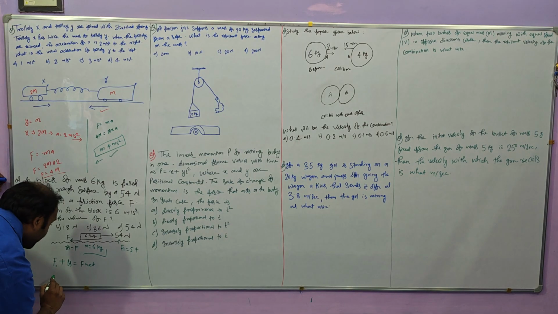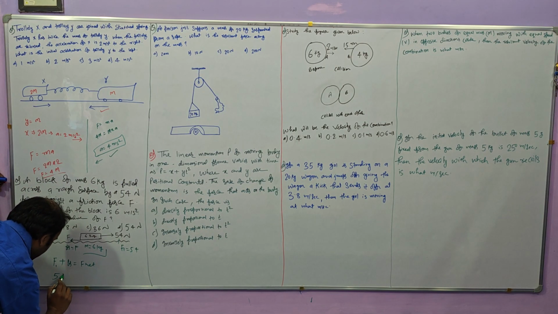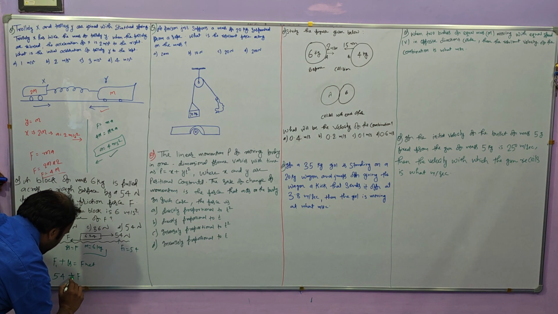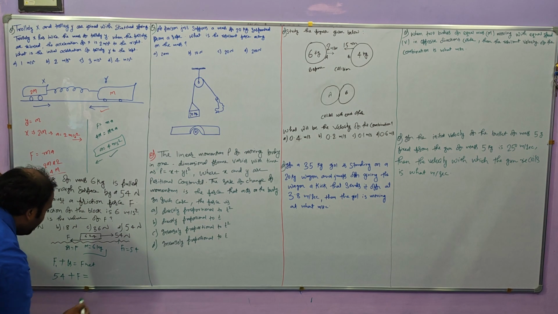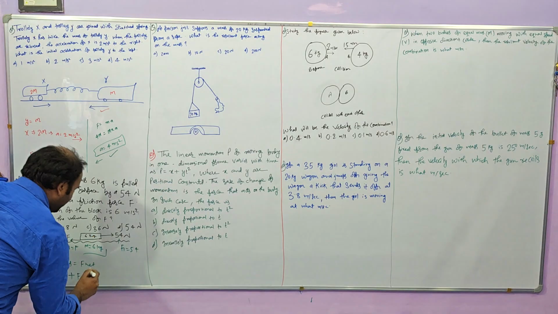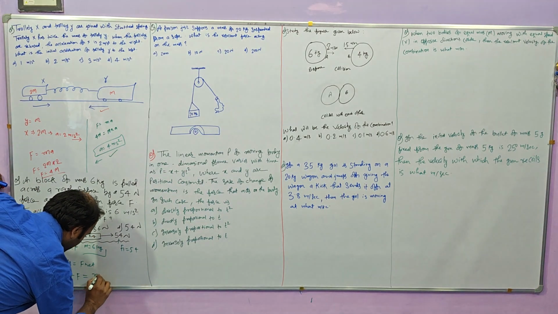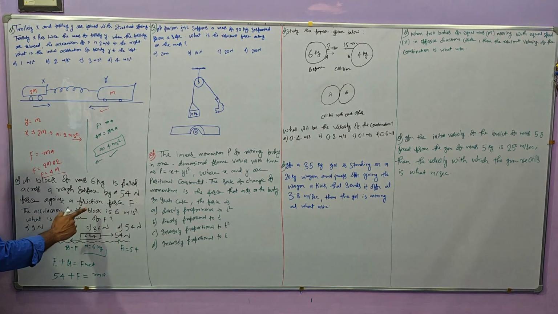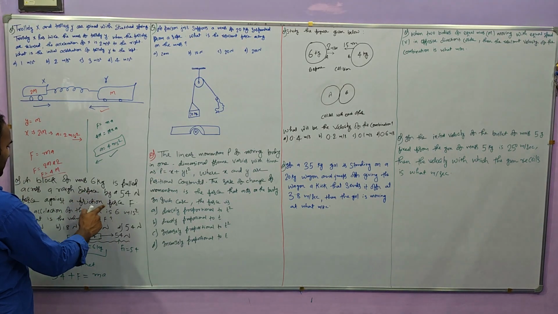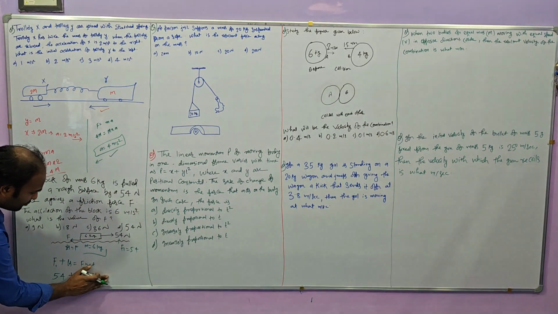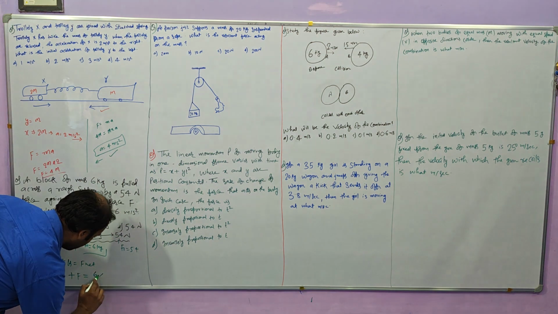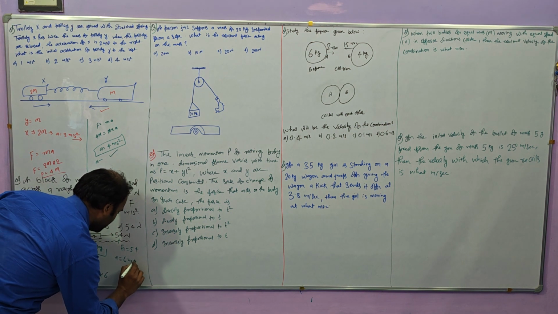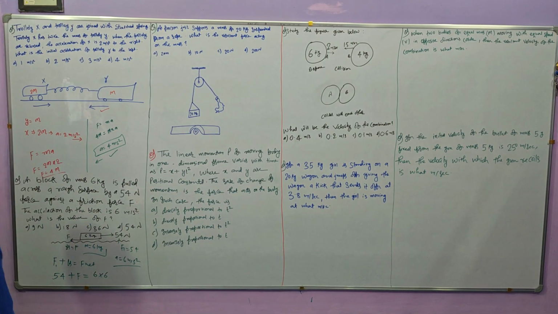F1 is 54 plus the frictional force F, and F net is mass into acceleration, ma, that is equal to 6 into 6 meter per second square, that is 6 into 6.